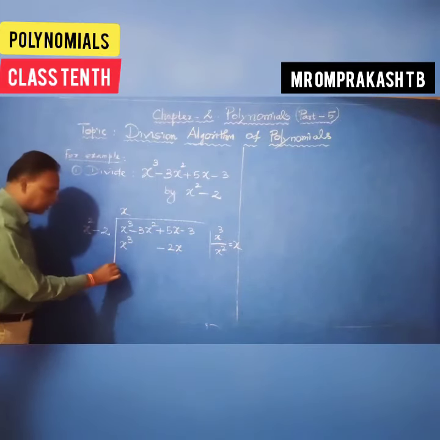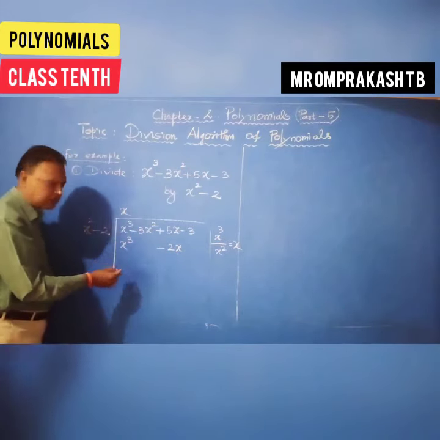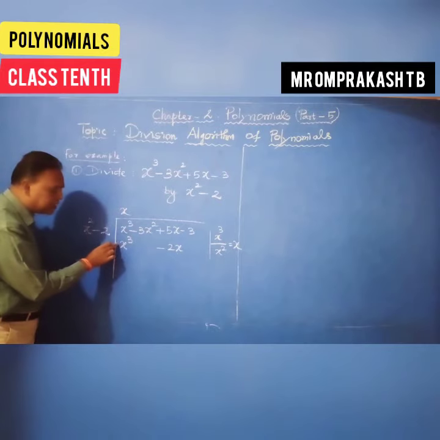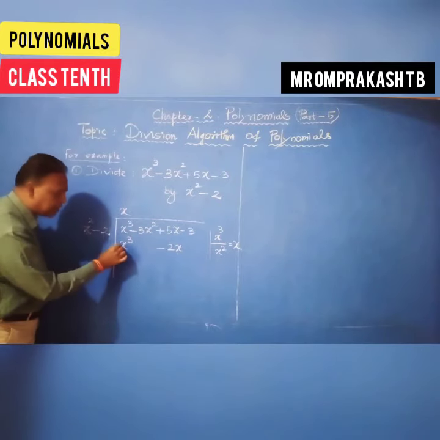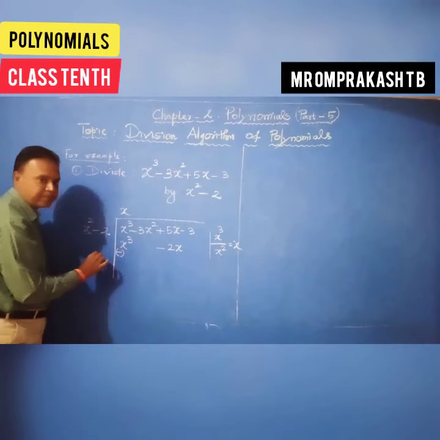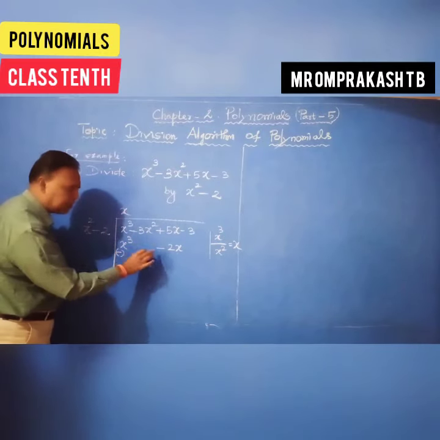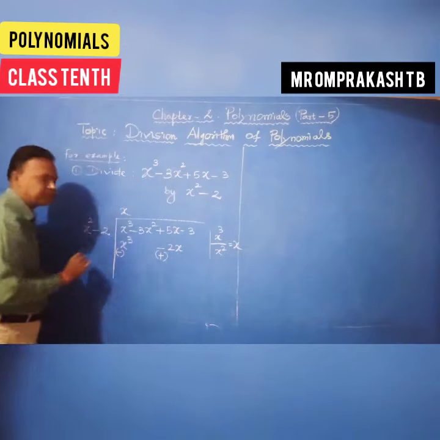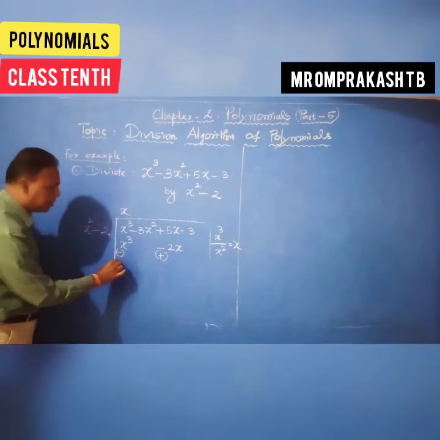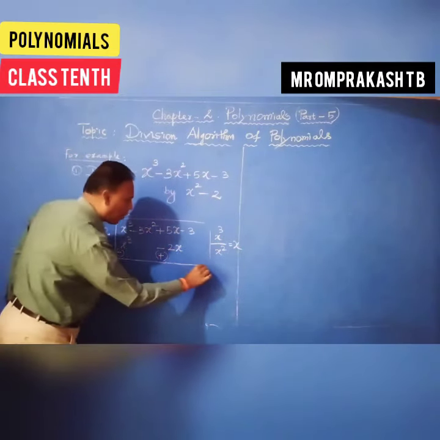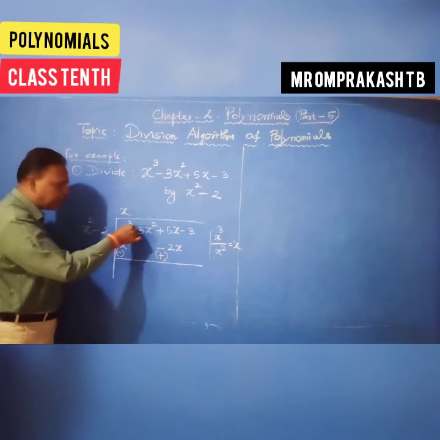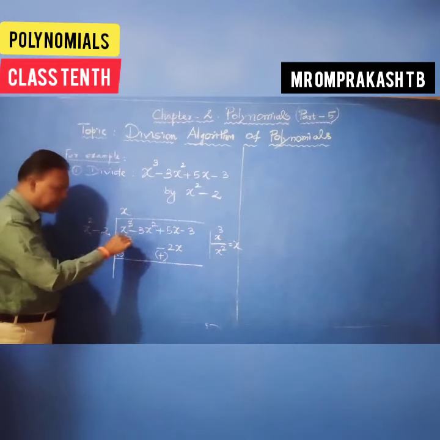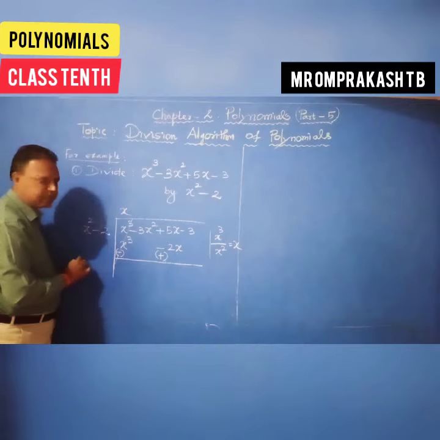Now as usual, while dividing you have to subtract. While subtracting, you change the sign. Here plus means minus. Here no term, leave it. Here minus means plus. Now subtract: one plus term and one minus term will be cancelled.